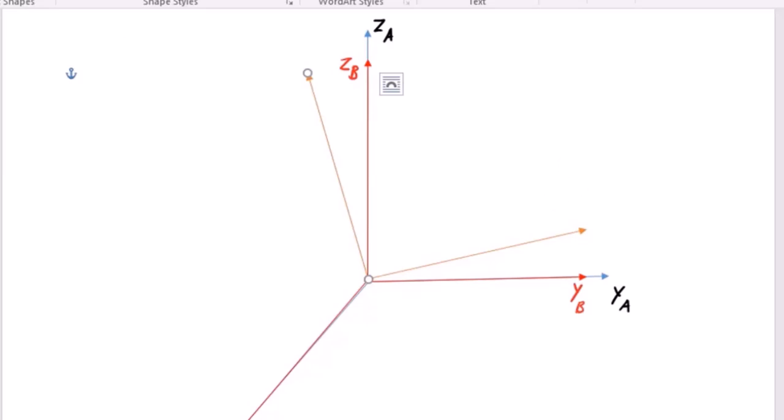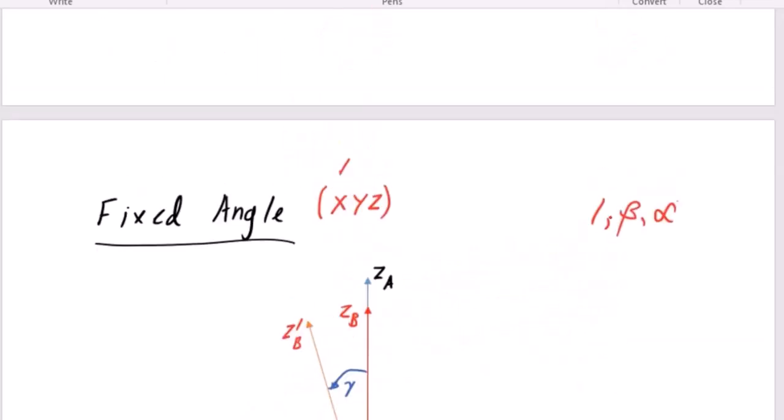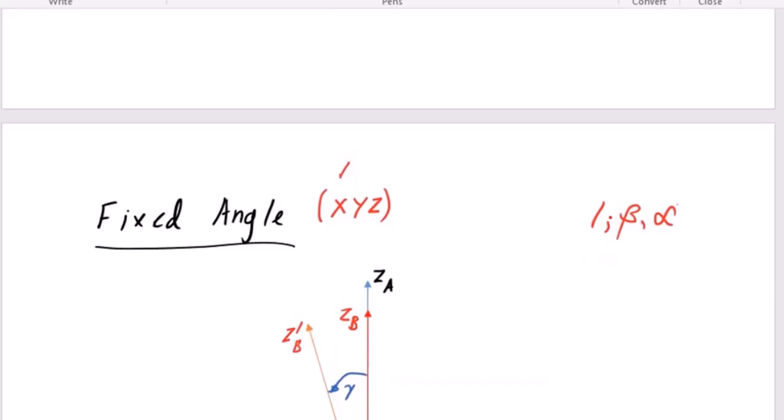So this is gamma, and this is gamma. That's the ZB prime here, and this is our YB prime. So X is done.